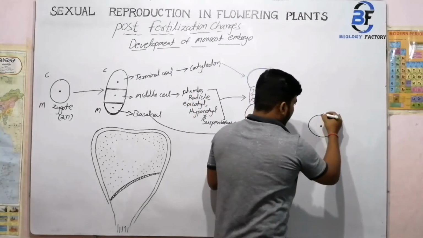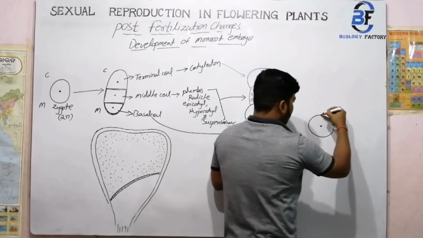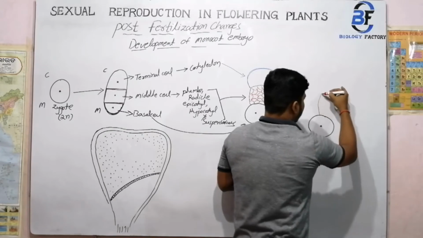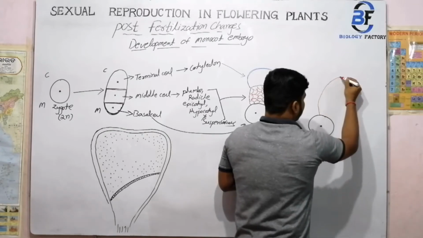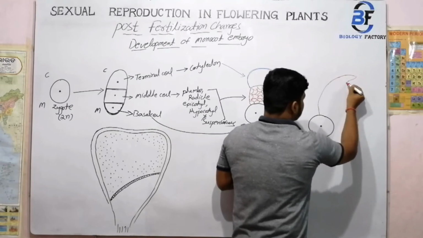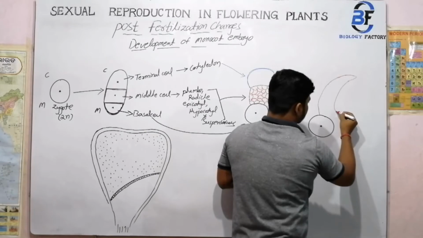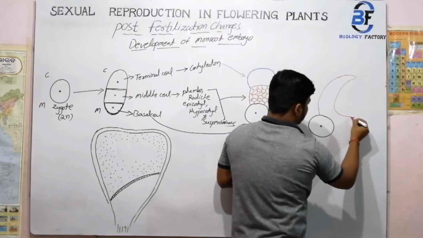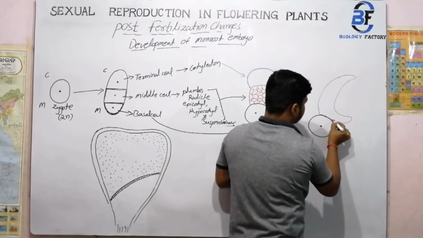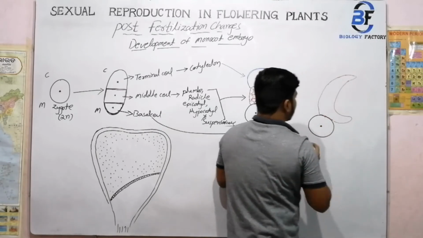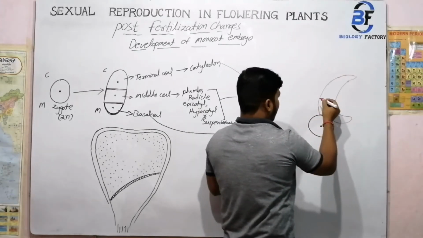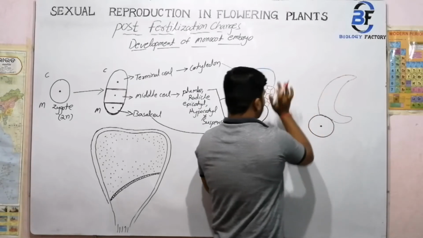And after changing of all these structures, it somehow looks like this. So here is the middle cell, which is divided to form this structure, and next the cotyledon part.